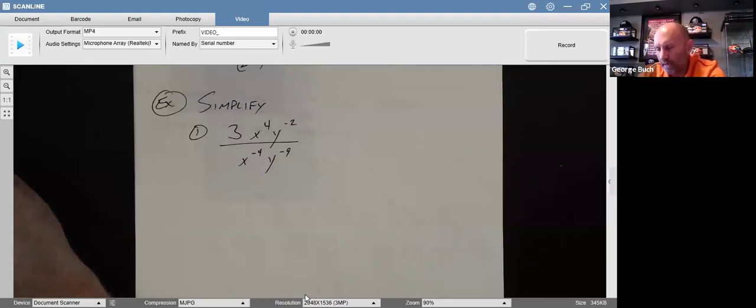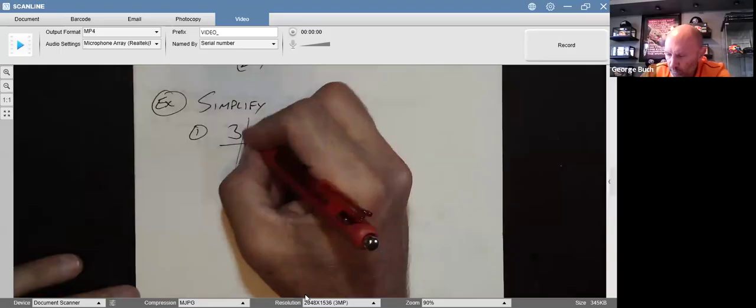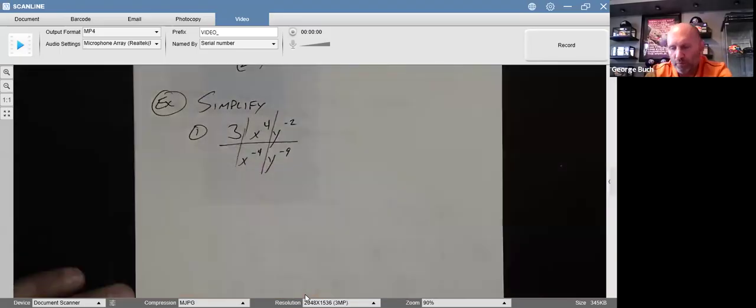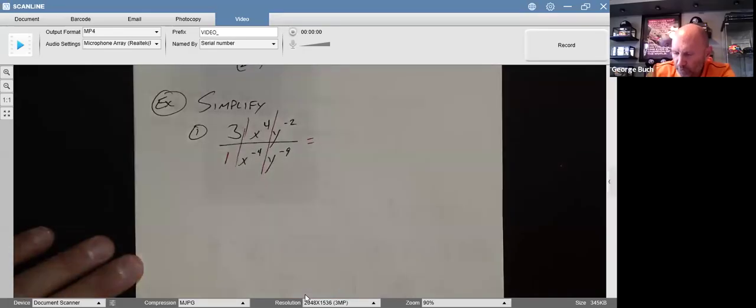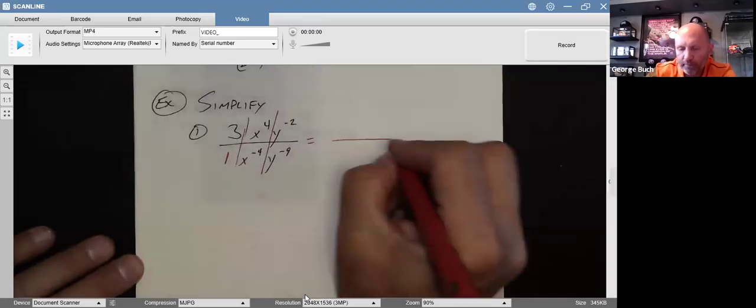We're going to look at it as the number part, my x variables, and my y variables. So again, there's this invisible 1 here. So this is what? 3 over 1 is 3. So that stays up in the top.